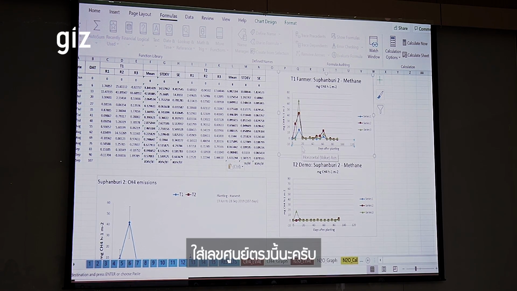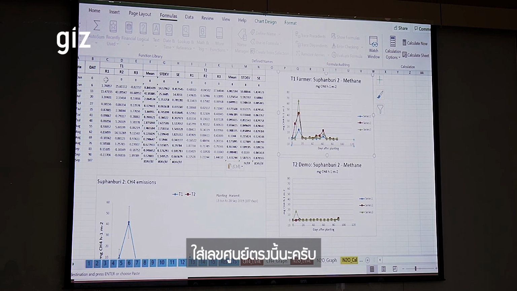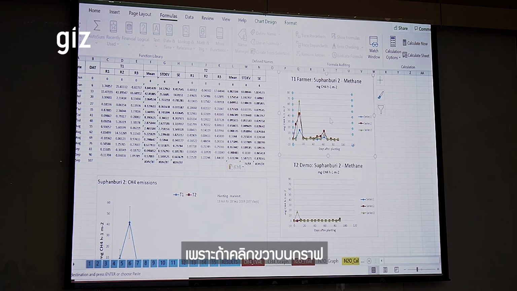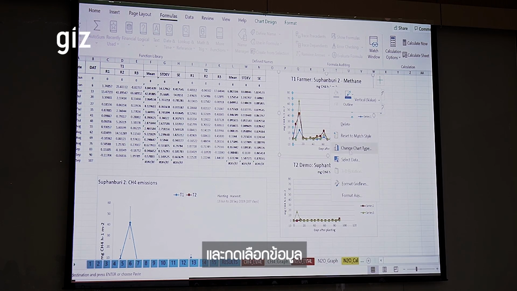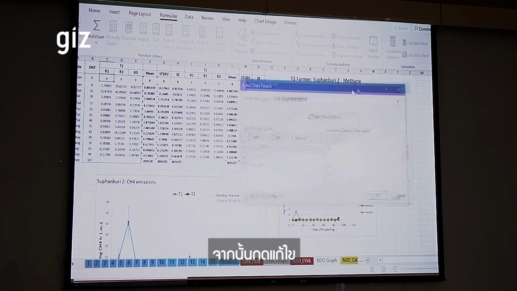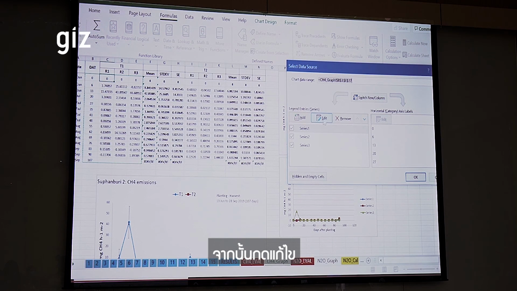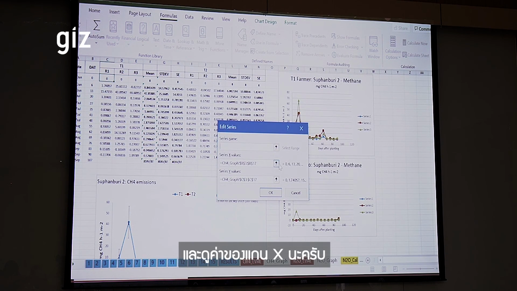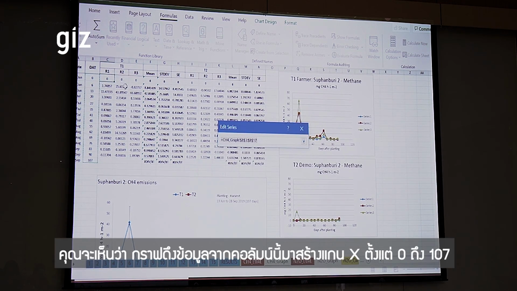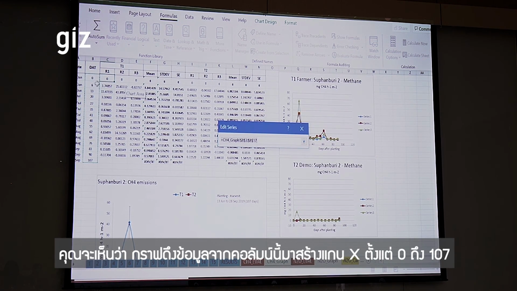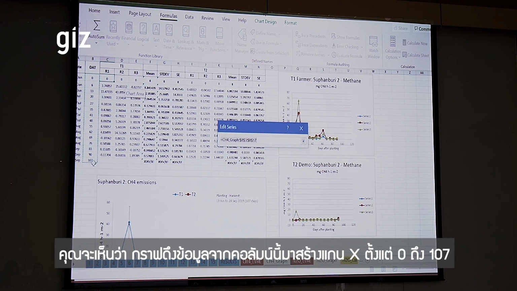So make sure you have the 0 here. Because now if I right click on the graph, you select the data, and then you push edit and you look at the x values, you see that the graph takes the x axis from this column, 0 to 107.